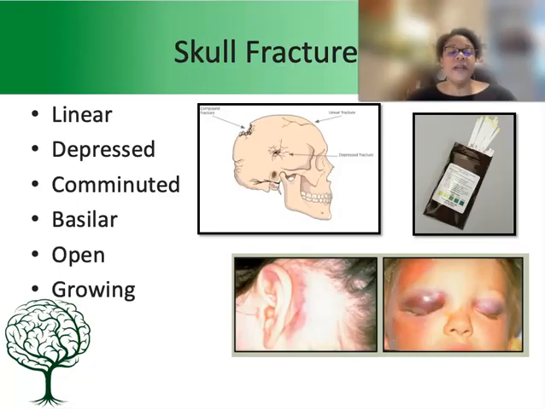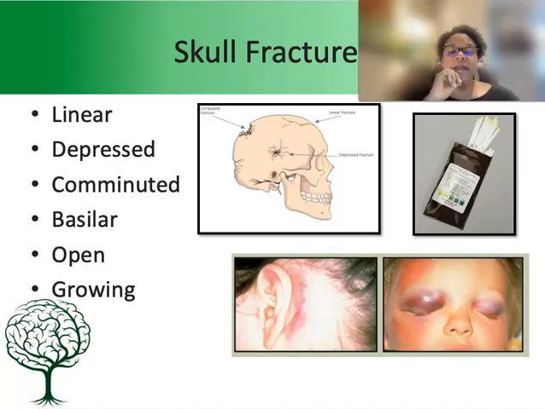So again, linear fracture, single fracture that does not cross the suture line. A depressed fracture is just like that. It's a depressed fracture, and I believe it's on your image here. That means that there's something blunt that hit the head and has caused bone fragments to actually enter into the skull.